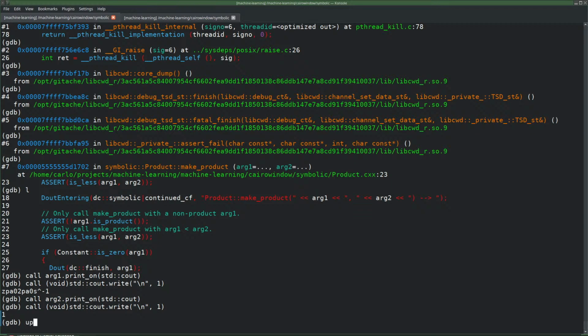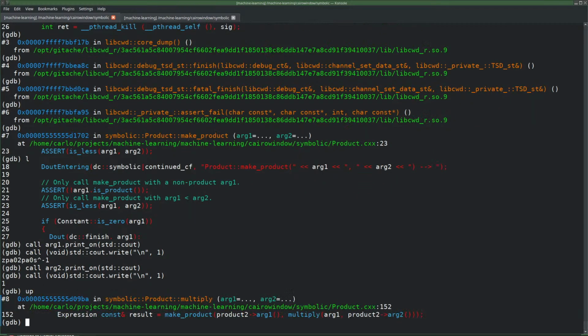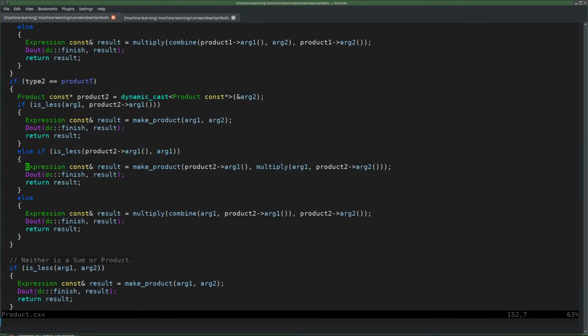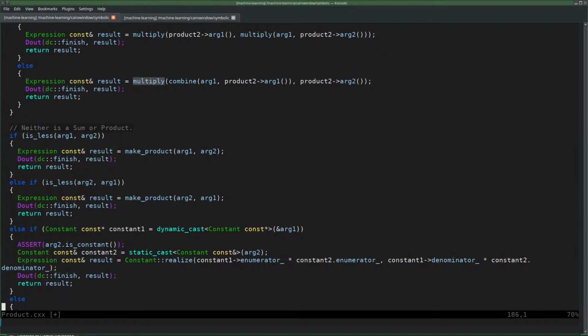So fix an equal bug before. Quit. This must also be a multiply, because it kind of makes sense. See, you can spot more of those.